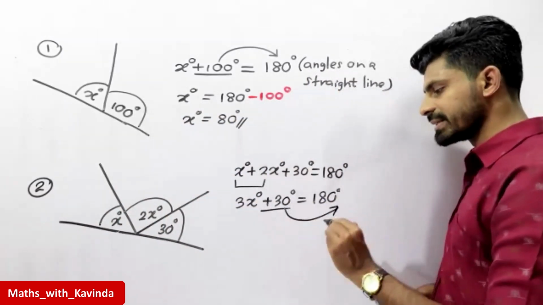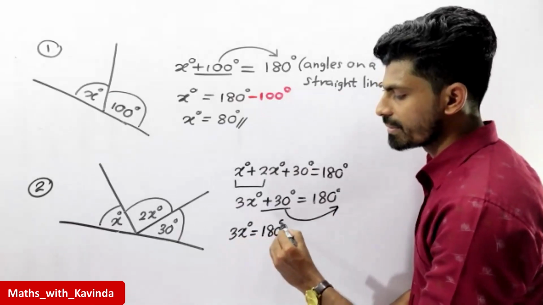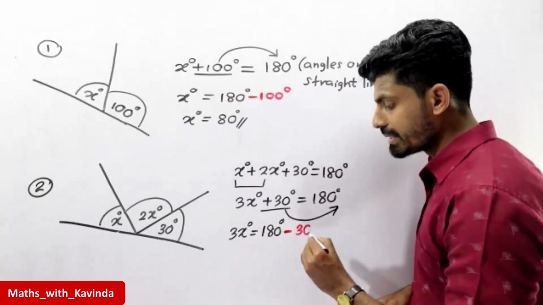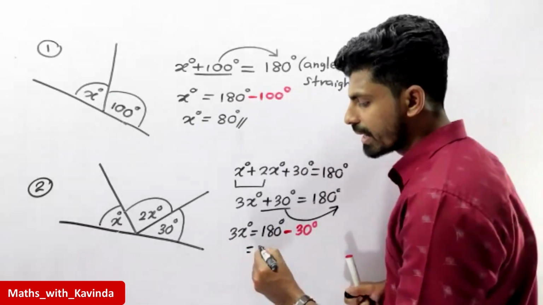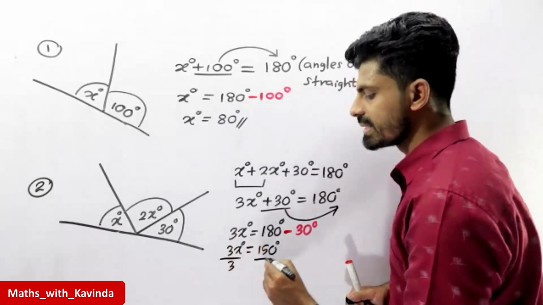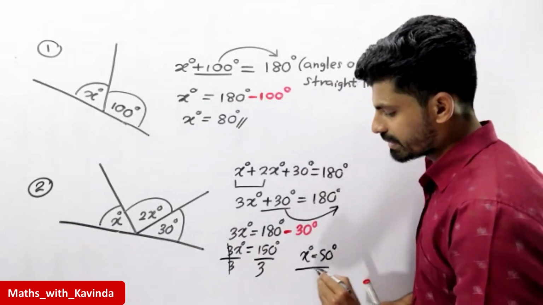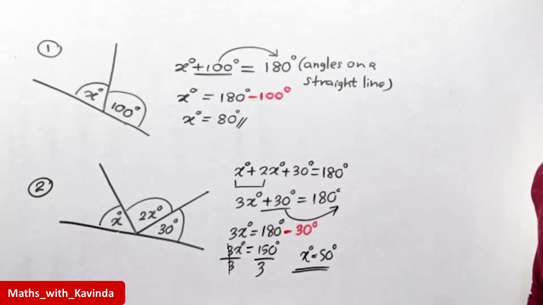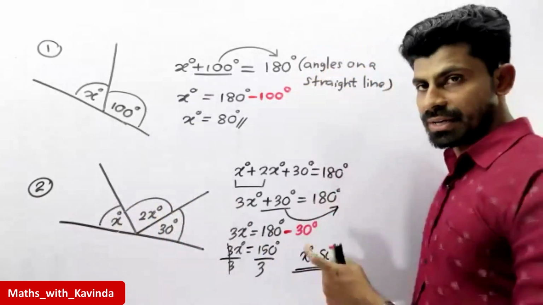Plus 30 moving to the other side changes to minus 30. 3x equals 180 minus 30, which is 150. Dividing both sides by 3, x equals 50. Check: 50, 100, 150 plus 30, 180.